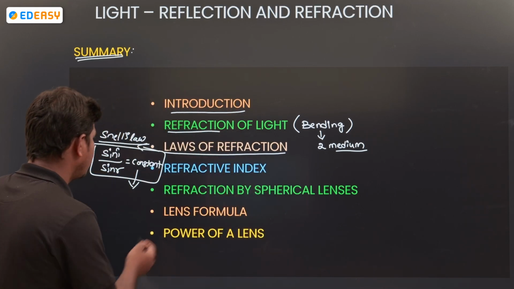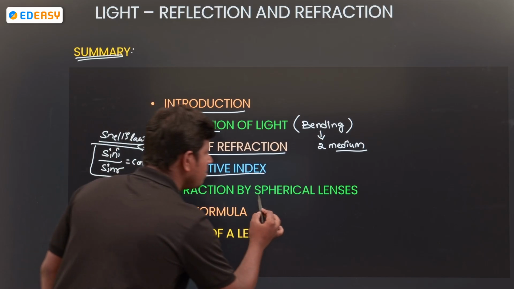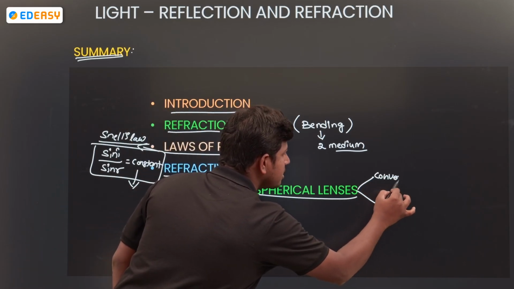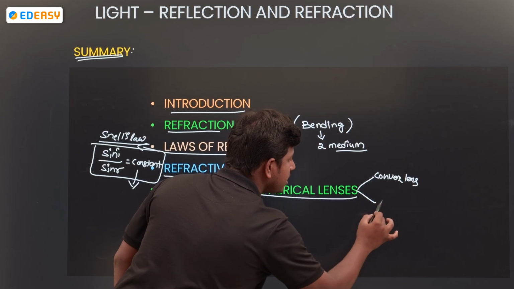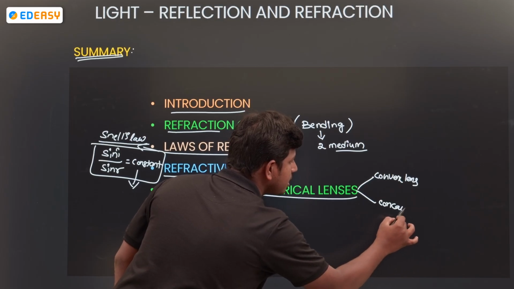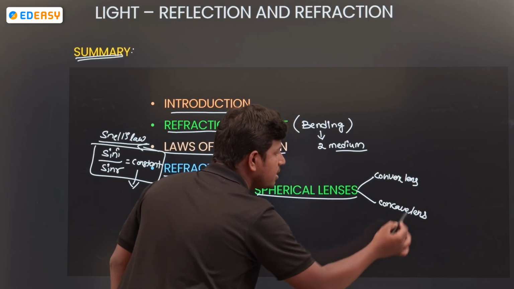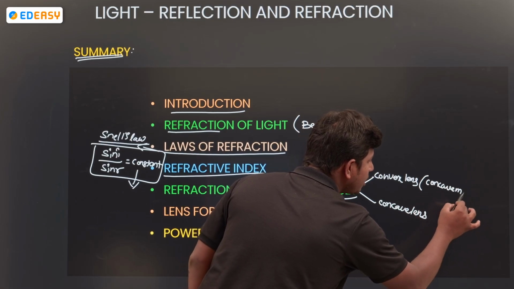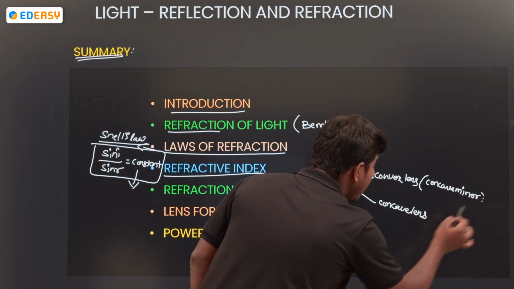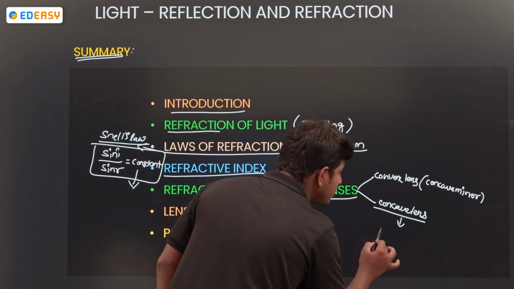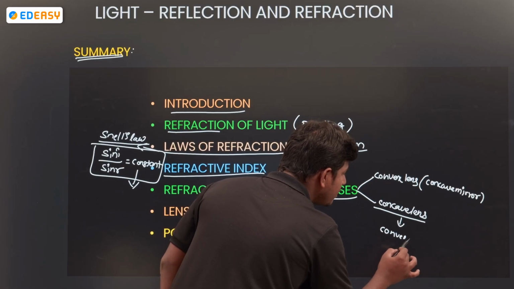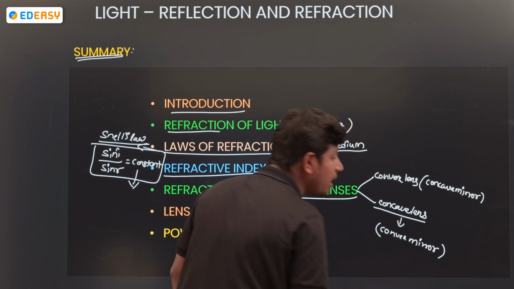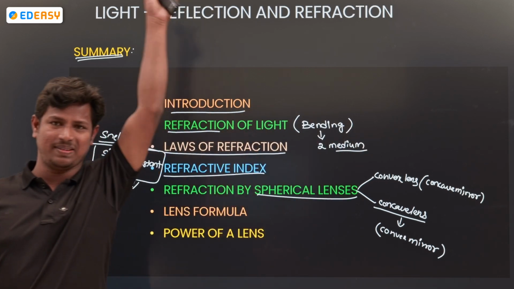Clear? Next, refraction by spherical lenses. How many lenses are there? Convex lens and concave lens. Convex lens properties are just like a concave mirror, and concave lens properties are just like a convex mirror. If you remember the concave mirror and convex mirror, lenses are easy.